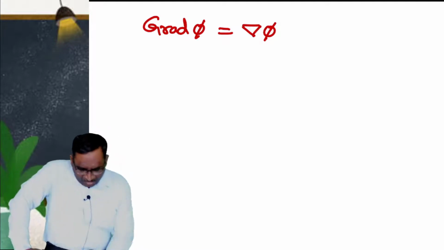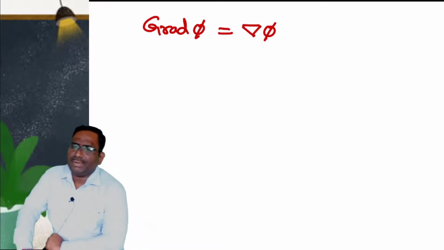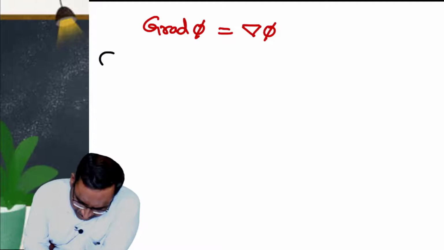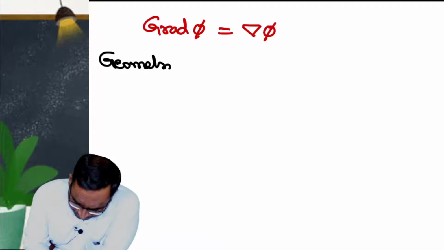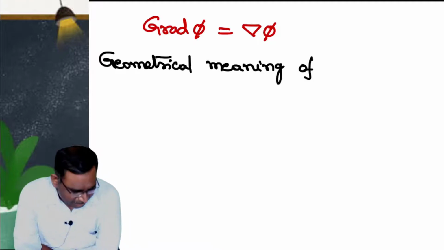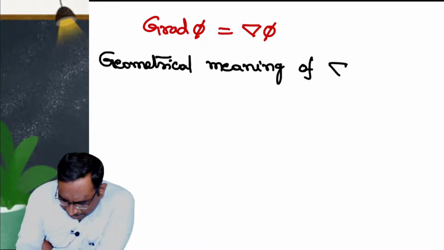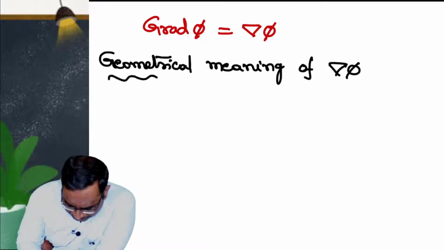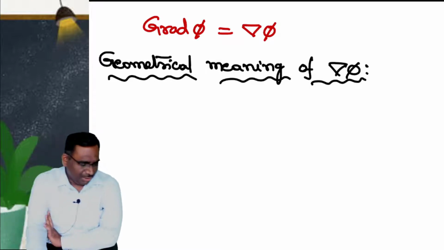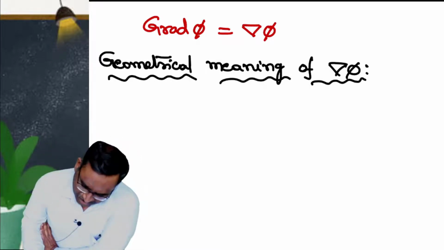Now we can talk about the geometrical meaning of this gradient, the geometrical meaning of del phi. Suppose phi of x comma y comma z is a scalar point function.